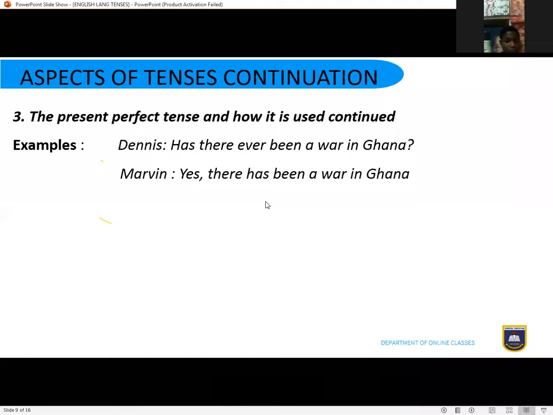This is a conversation between Dennis and Marvin. I want Rosemont. Are you there? Rosemont, you read the part of Dennis, and then Agboche Cindy should read that of Marvin for us.